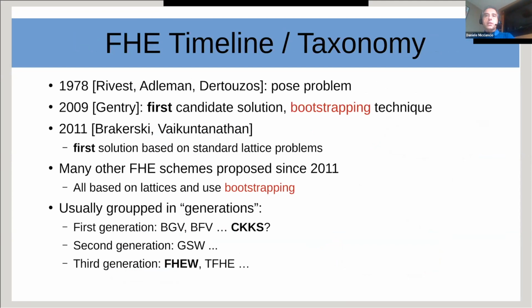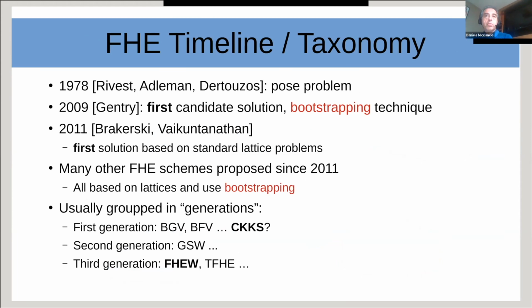Now, just to put this into historical context, the concept of FHE was initially introduced in 1978 by Rivest, Adleman, and Dertouzos, who posed the problem, but without offering a concrete solution.